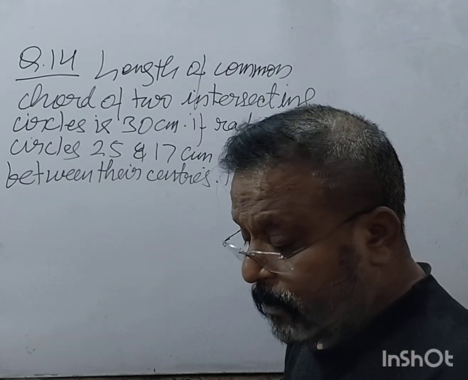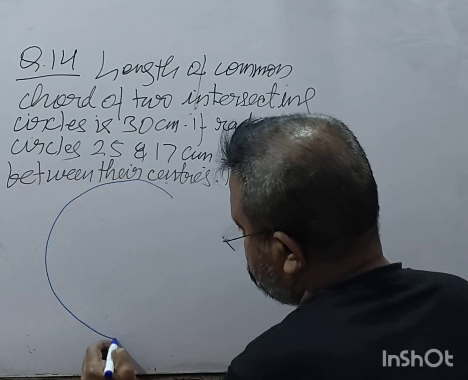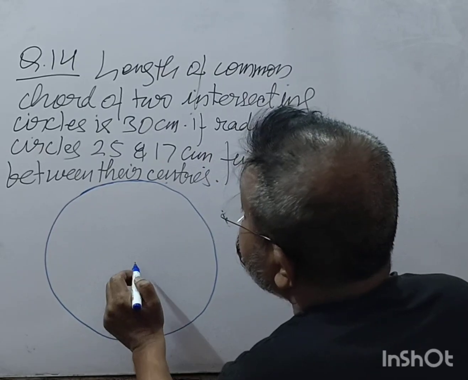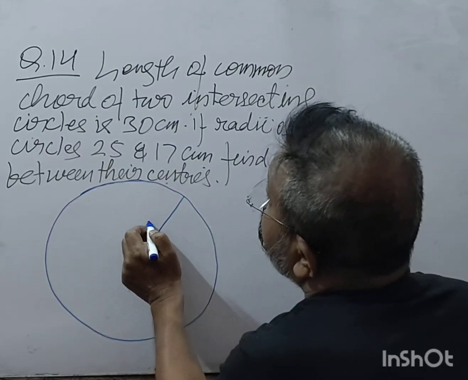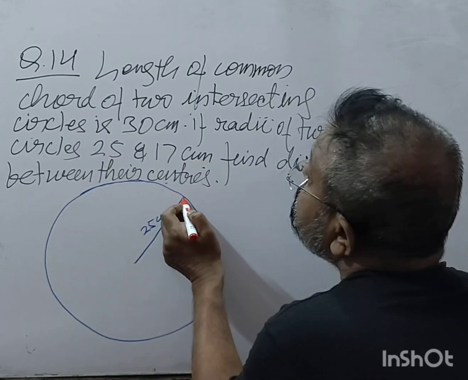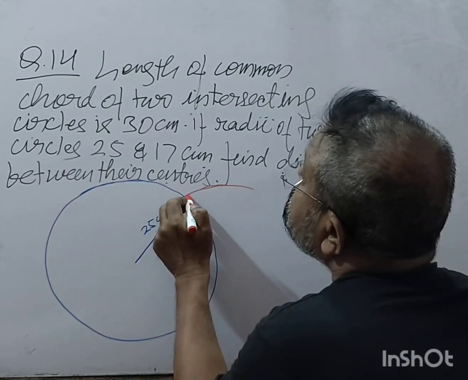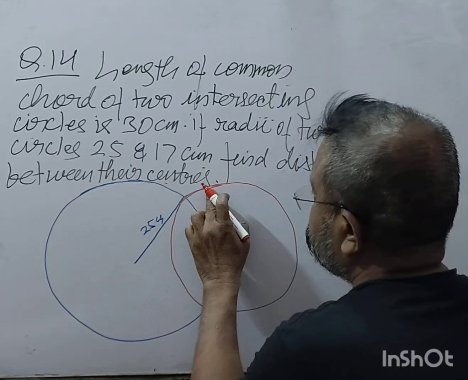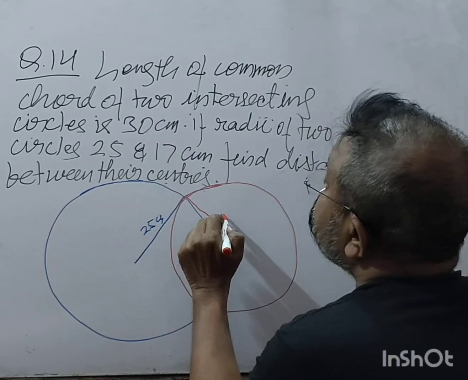Right. You get this? Okay. So there is one circle which has a radius of 25 centimeter, and you have another circle which has a radius of 17 centimeter.